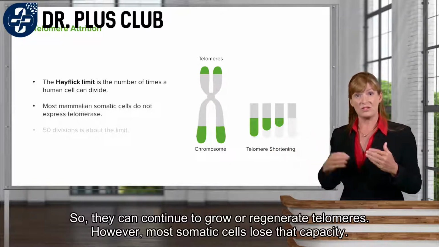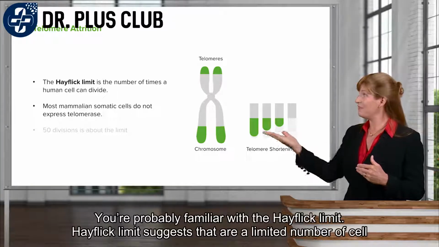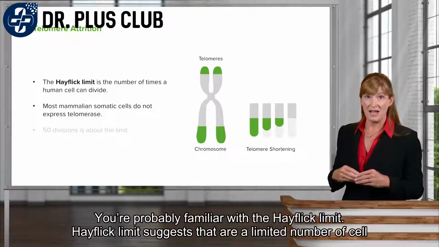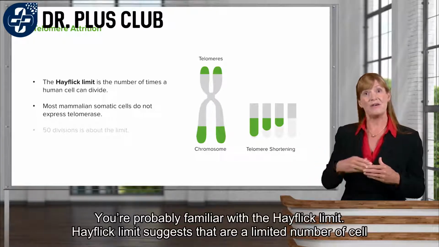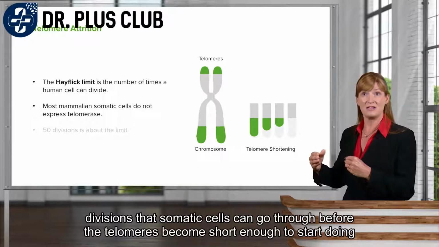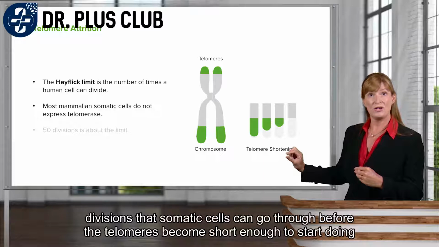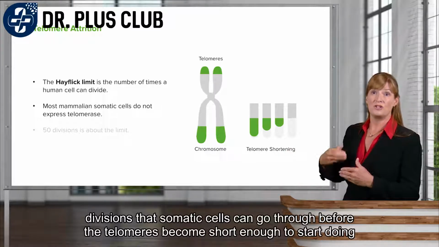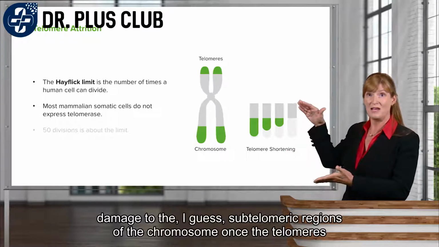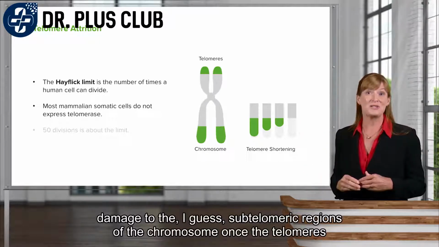However, most somatic cells lose that capacity, and you're probably familiar with the Hayflick limit. The Hayflick limit suggests that there are a limited number of cell divisions that somatic cells can go through before the telomeres become short enough to start doing damage to the subtelomeric regions of the chromosome.